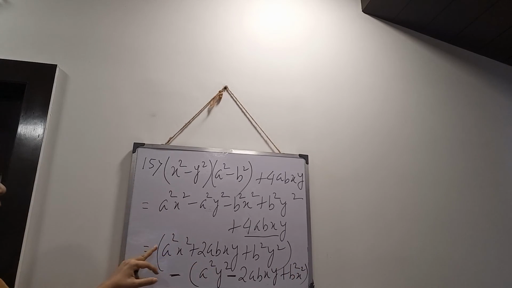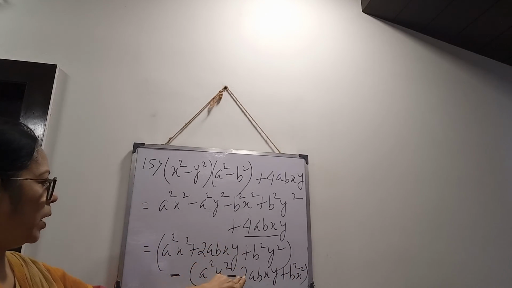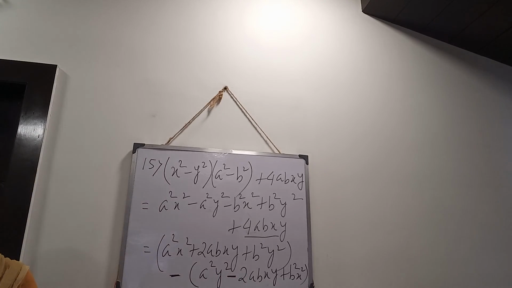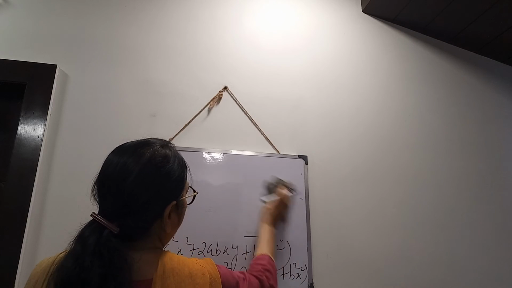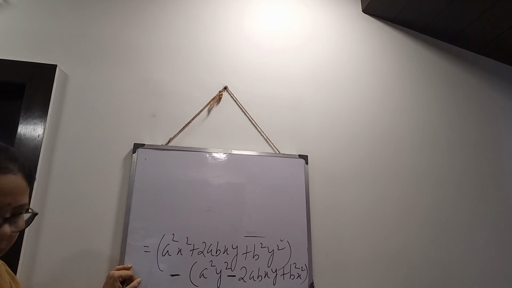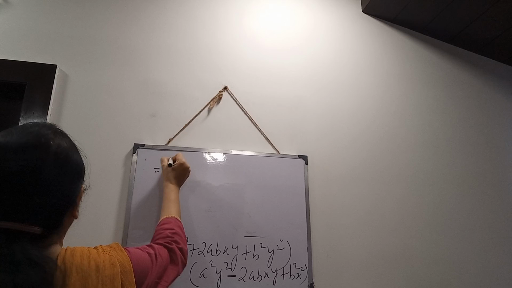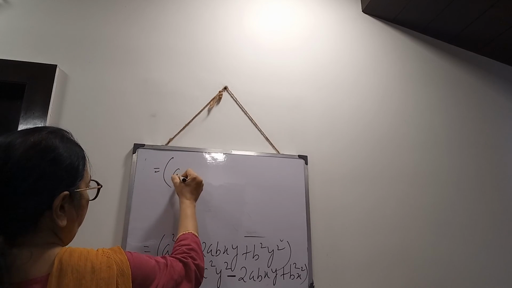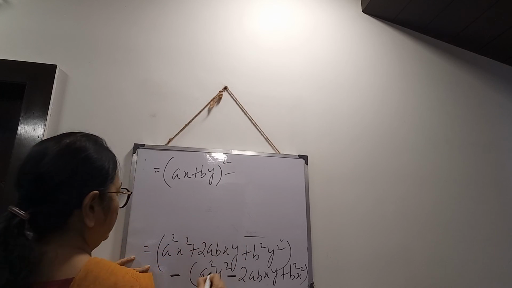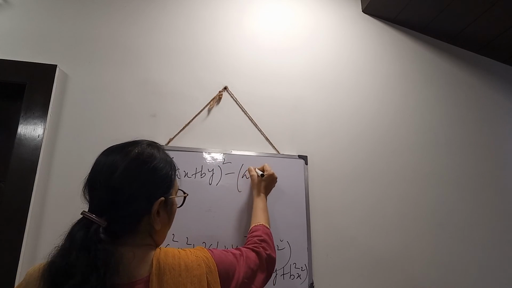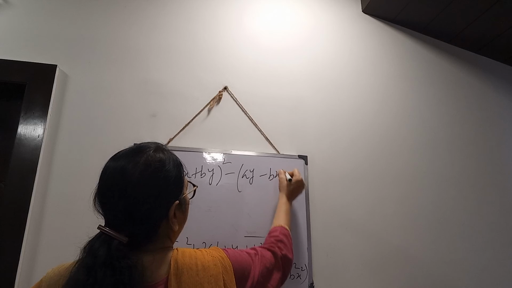It is in the form of a plus b whole square and a minus b whole square. Now see what we are getting here: ax plus by whole square minus ay minus bx whole square.